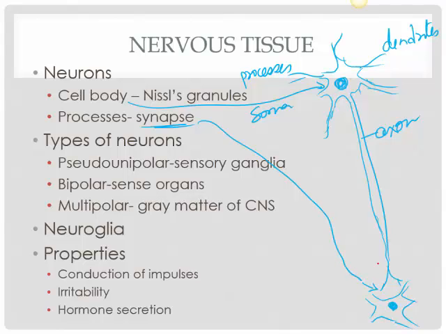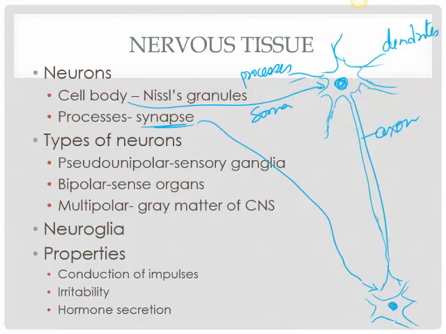Where one neuron comes close to another in order to pass impulses across, there is a tiny gap across which information passes from the neuron above to the neuron below. That gap is called a synapse, and that's where neurotransmitters are released, which helps to pass the information.